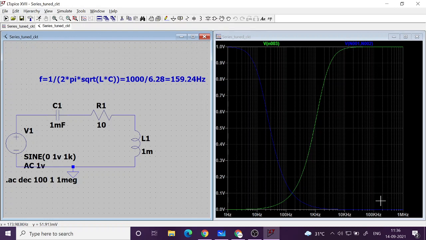Correct. Because the reactance of a capacitor is 1 by omega C, right? So when omega is 0 or very small, you have huge impedance, right? Huge impedance means, there are 3 things connected in series, and one of them has very huge impedance relative to the other 2.